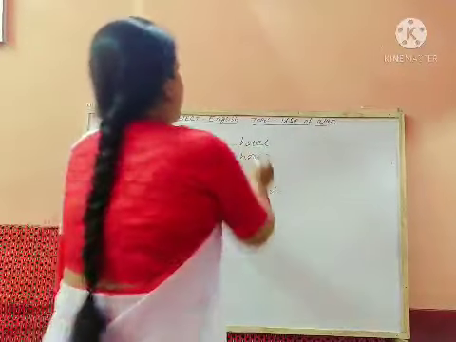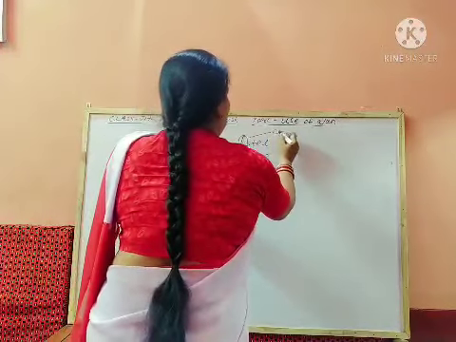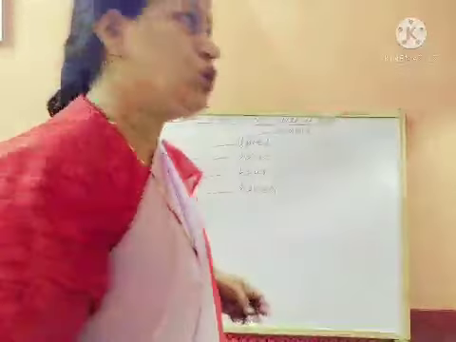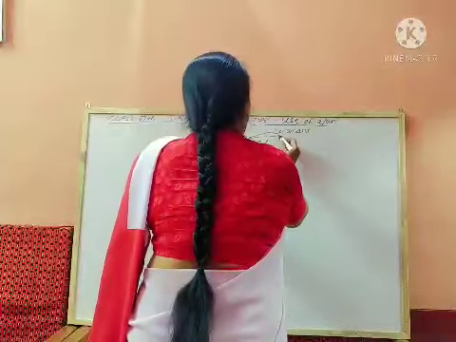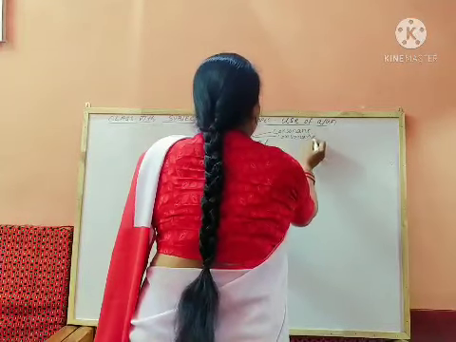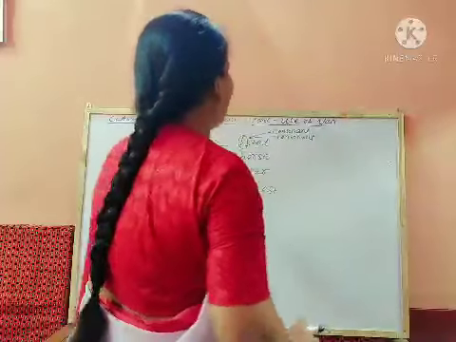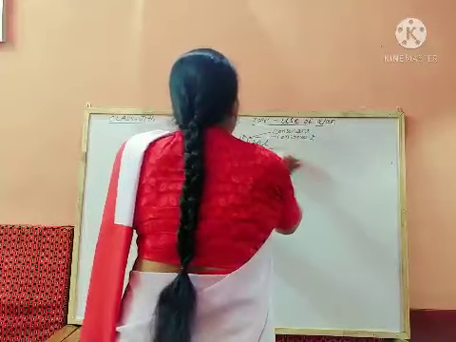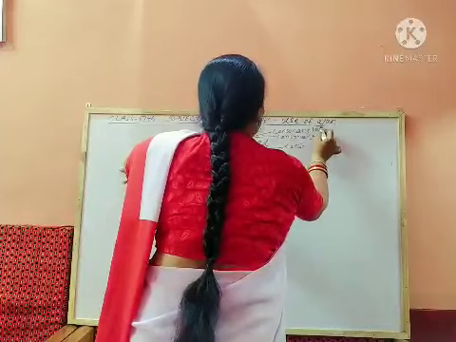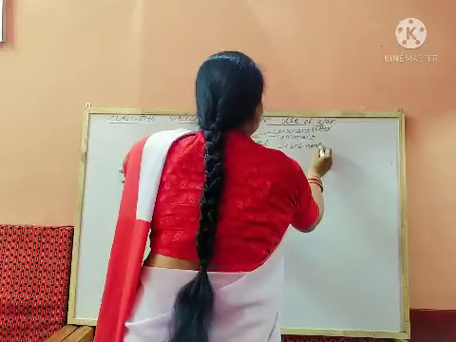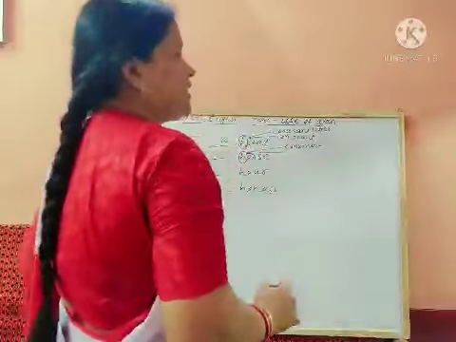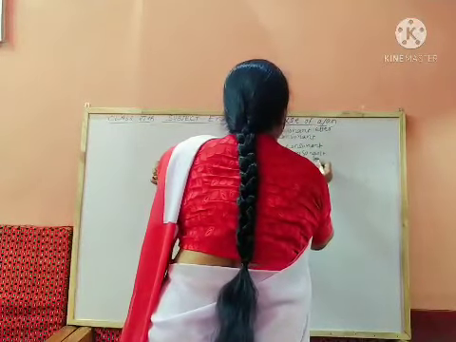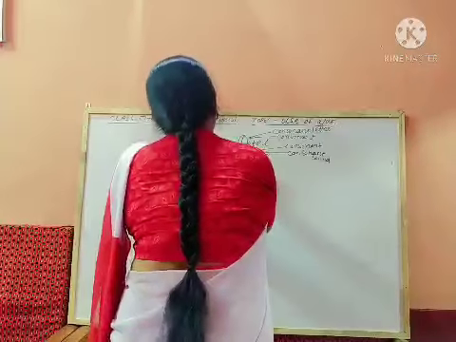H is a consonant letter and in hotel the sound is consonant, "ha". So in this place we use A. Then horse: H is a consonant letter and "ha" is a consonant sound, so we use A.